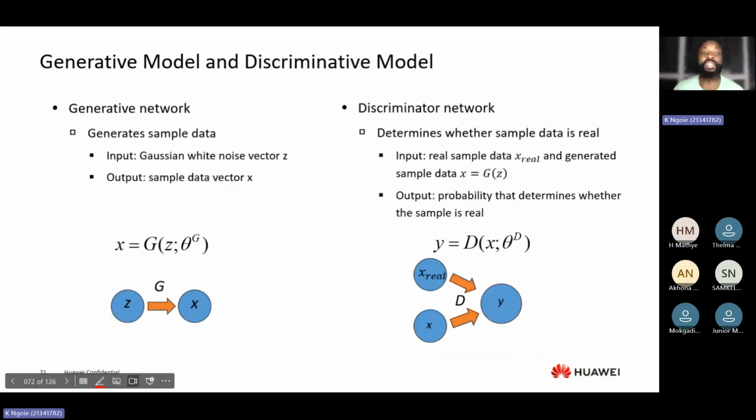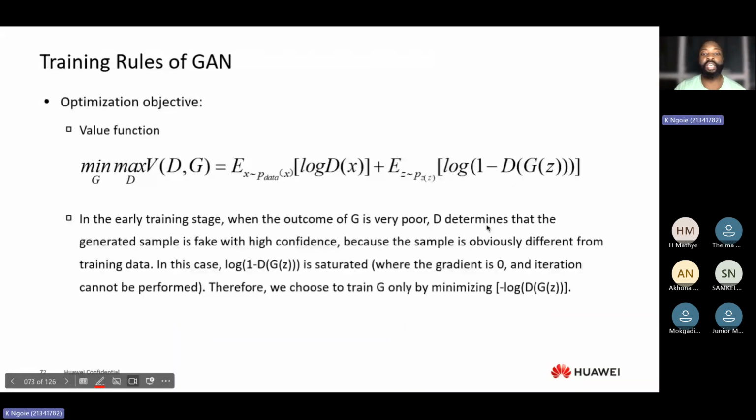You must understand the output of the generator represents an input to the discriminator. The generator generates a fake image, we take that as an input together with the real data, and the discriminator determines the probability that the sample is real. That's how GAN works.